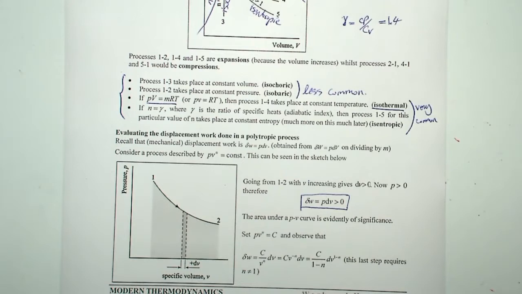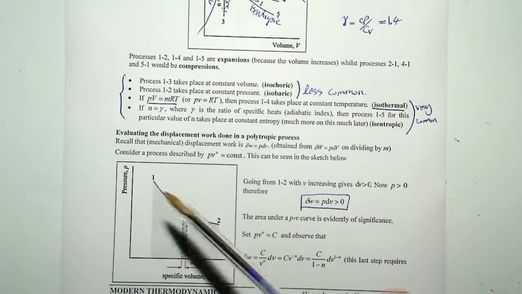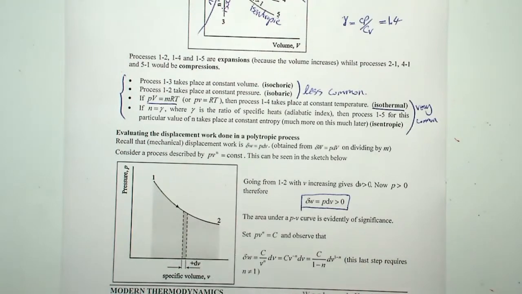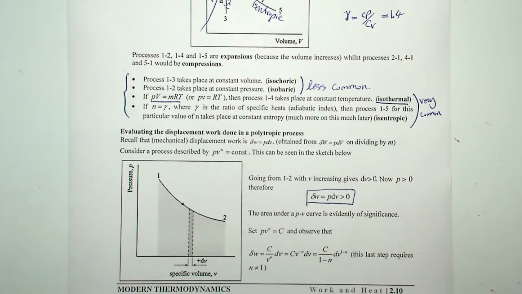Always remember that the area under the curve in the PV diagram gives you the amount of work that you've done. So if you integrate this curve, that shaded area will give you how much work you've done. This is what we're going to use to derive an equation for work.